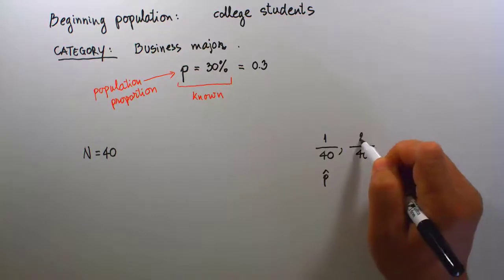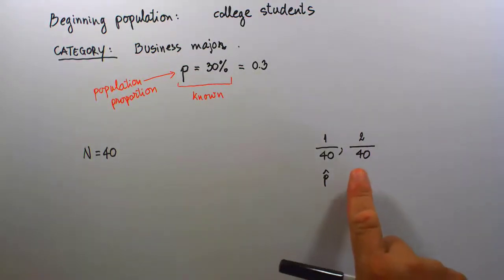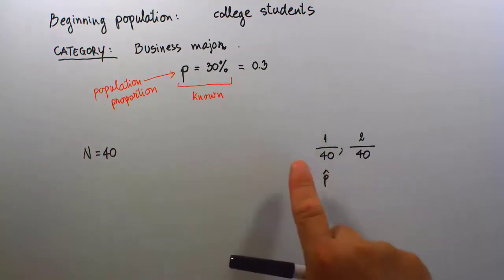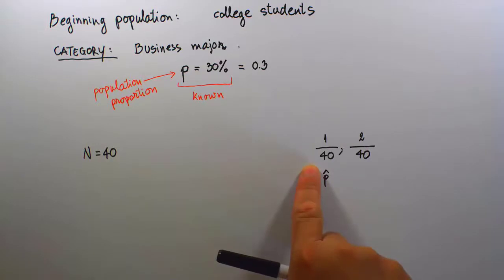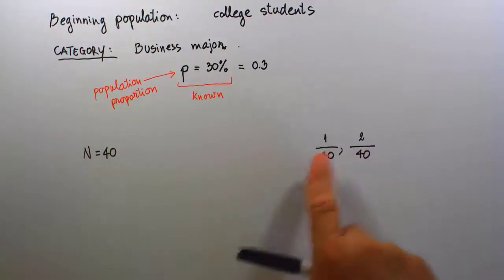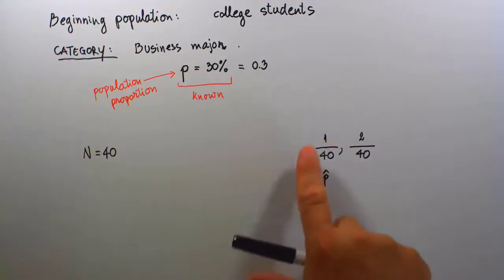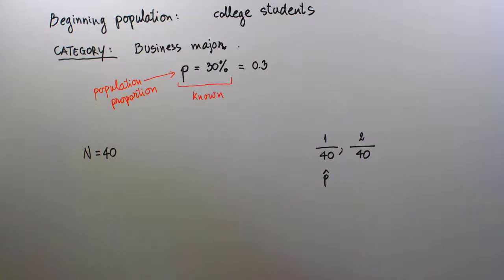It could be 2 of them. Each one of these can happen frequently as well. So 1 out of 40 is simply a value of a sample proportion, but it could happen in many samples that we have the same sample proportion, 1 out of 40.